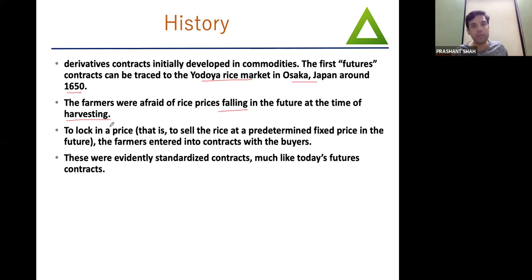So to lock in the price, they entered into agreements with the merchants, and that took a very interesting shape, which eventually came to be known as derivatives.